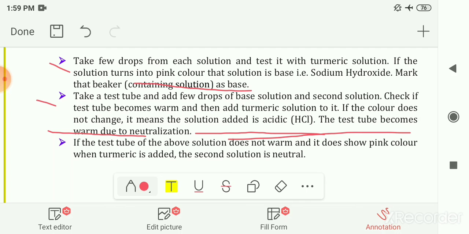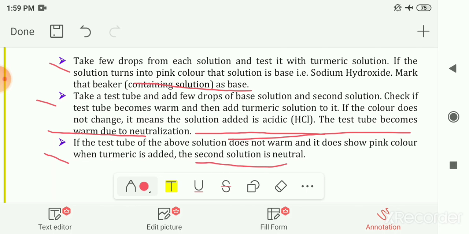So we identify the two solutions, and while adding this second solution, if the test tube does not warm and it shows pink color after adding turmeric solution, then we can say that the second solution is neutral.